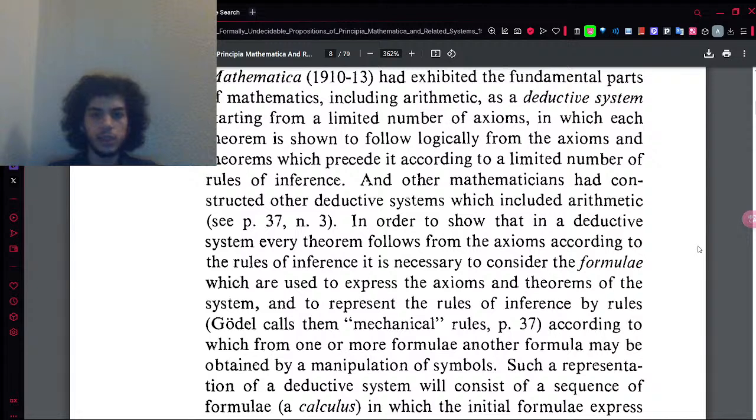In order to show that in a deductive system every theorem follows from the axioms according to the rules of inference, it is necessary to consider the formulae which are used to express the axioms and theorems of the system.